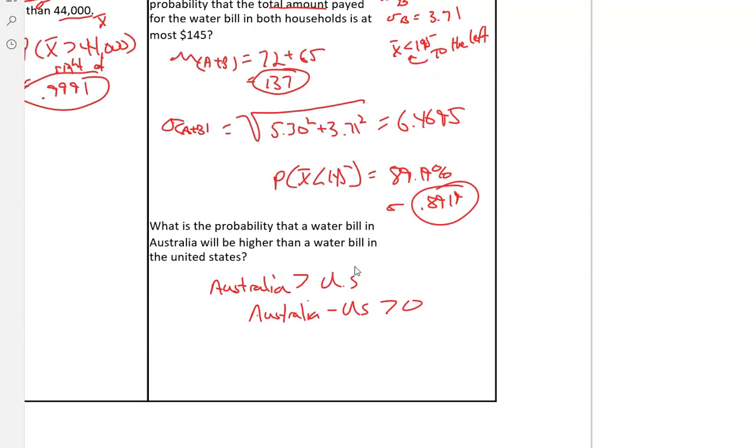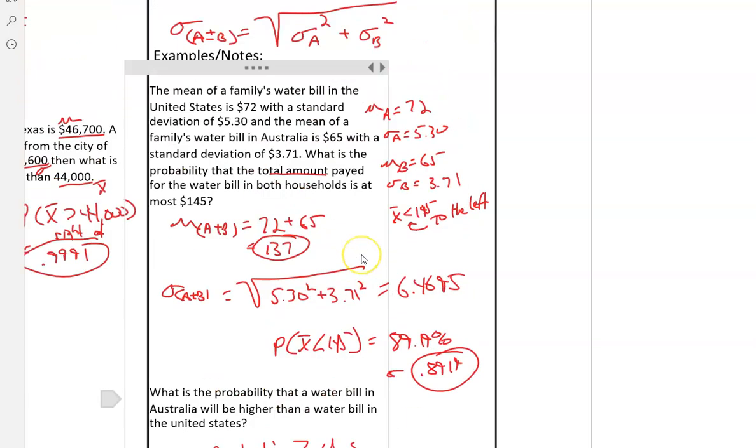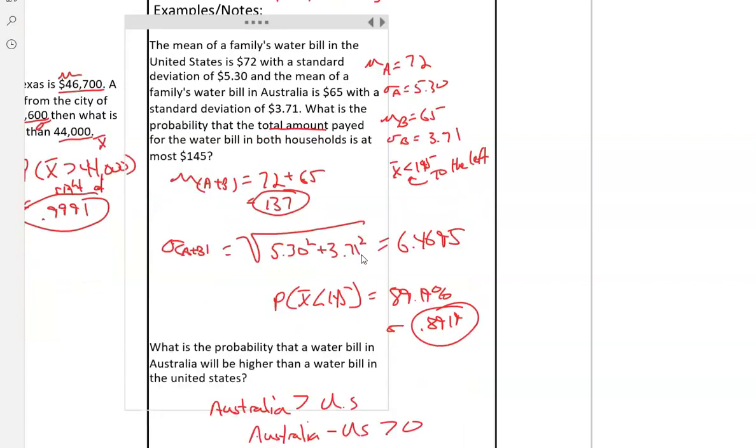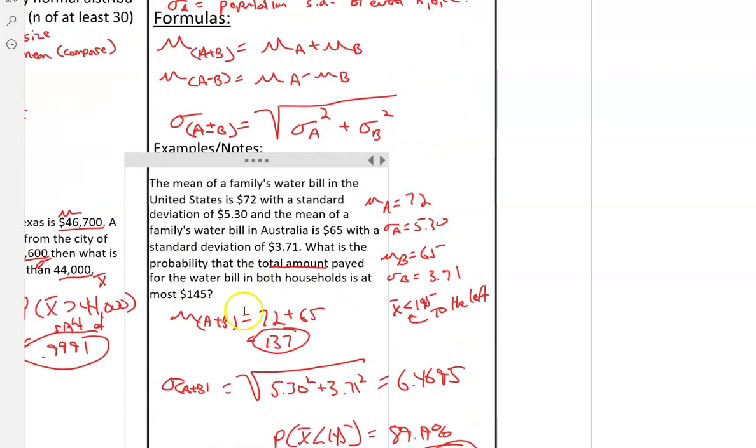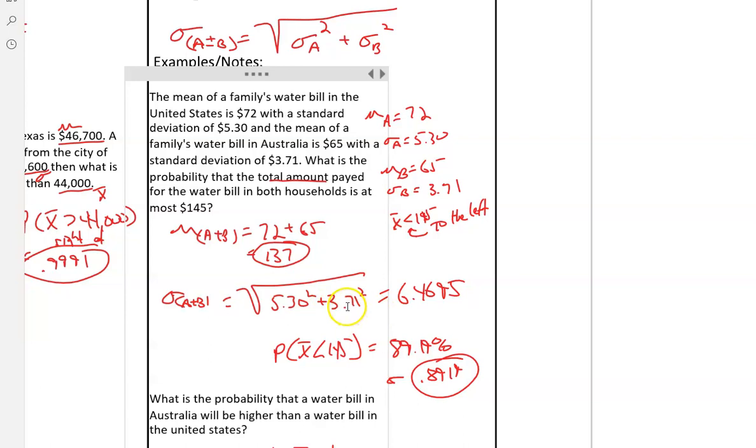So let's find the mean of Australia minus the US, which would be Australia is 65 and the US is 72. 65 minus 72 is -7. And the standard deviation of Australia minus the US is going to be the exact same as it was up here, 5.30 squared plus 3.71 squared.